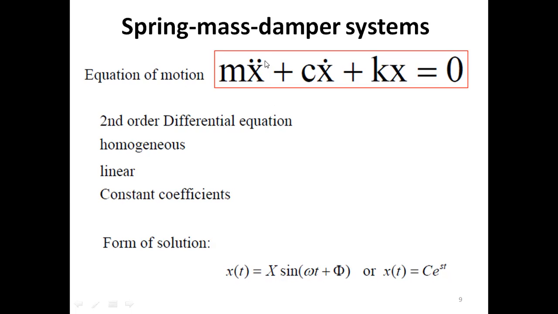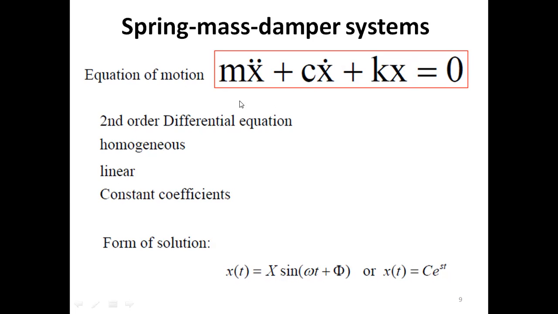If you look here, the variable is x. It has power 1. x dot has power 1. The x double dot has power 1. So we have a linear differential equation with constant coefficients k, c, and m.